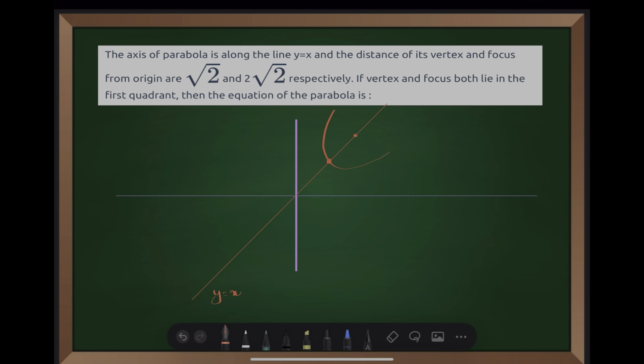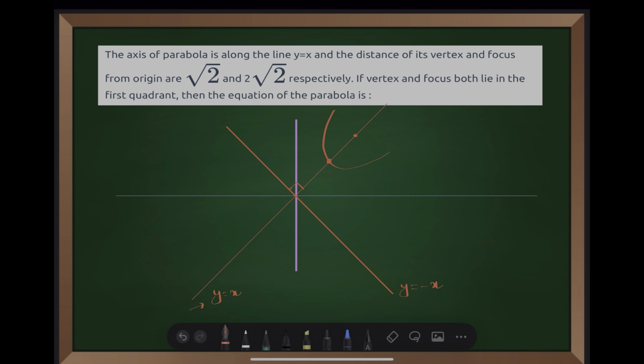Now look at this. You know that the axis of the parabola and the directrix are perpendicular to each other. So this should be our directrix, and look at this. This is y equals x, so it will be y equals minus x. Both are perpendicular to each other, na?